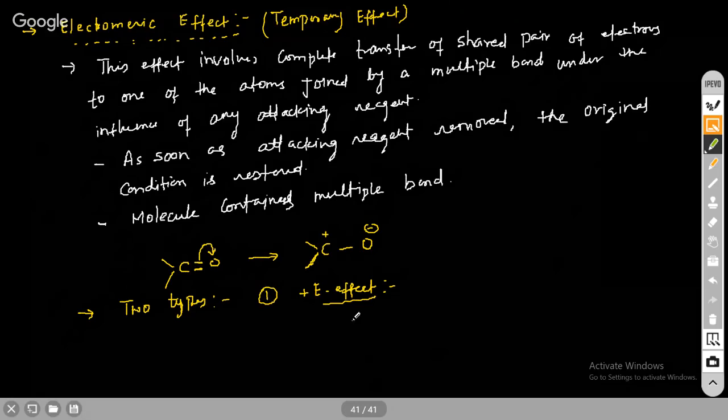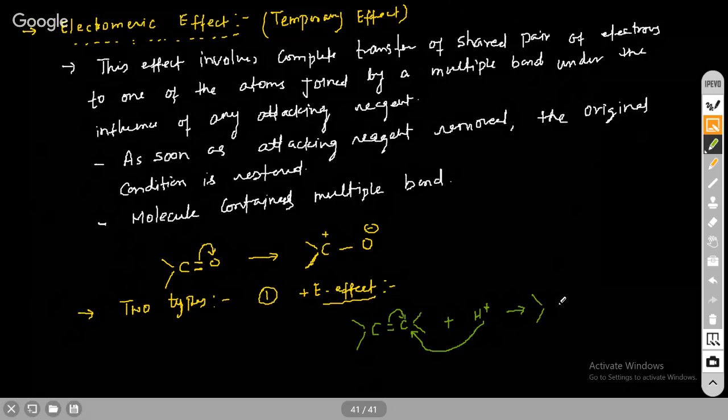Meaning of this is what? Suppose we have a carbon-carbon double bond, and suppose H plus is attacking onto this carbon atom. If this bond shifts over here, and this H plus attaches onto this carbon atom only, it means the H plus will attack the carbon atom where the bond pair of electrons is shifting. So this kind of attack or reaction comes under plus E effect, or positive electromeric effect.